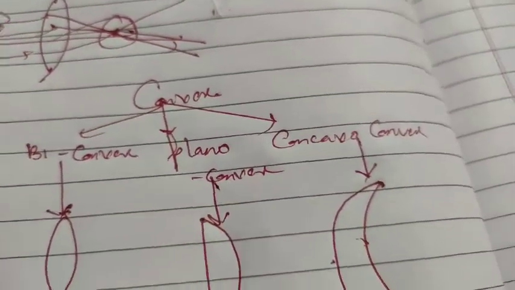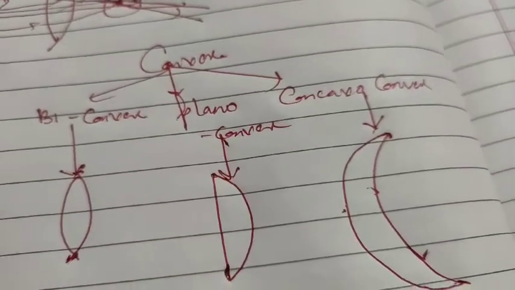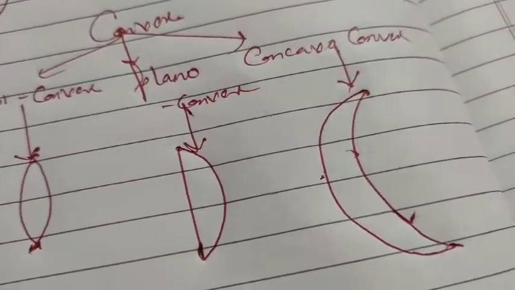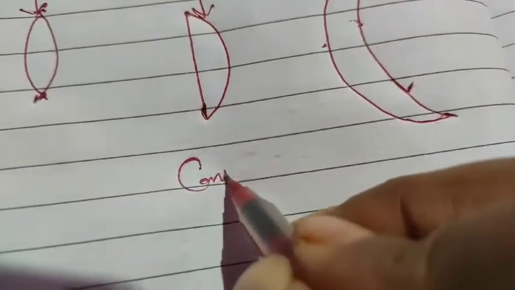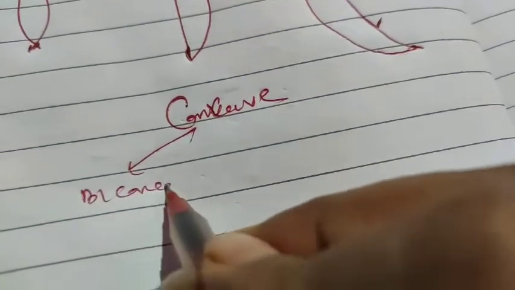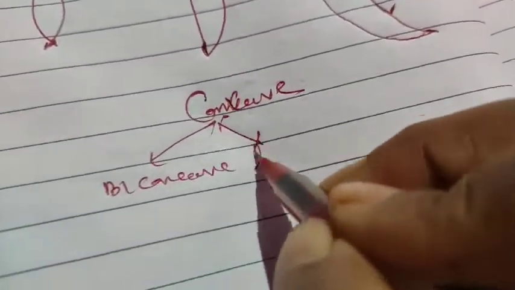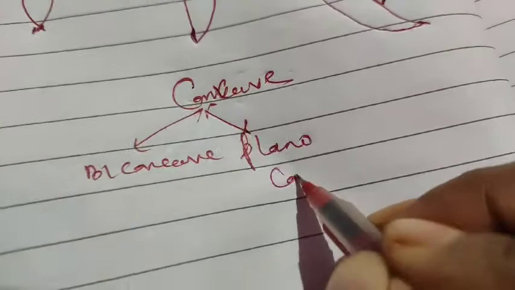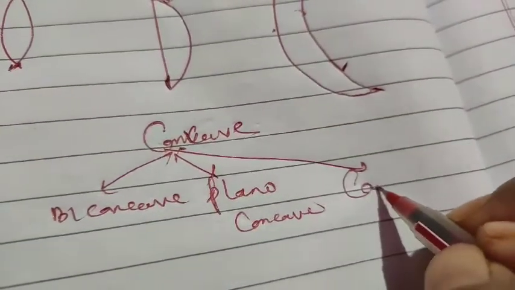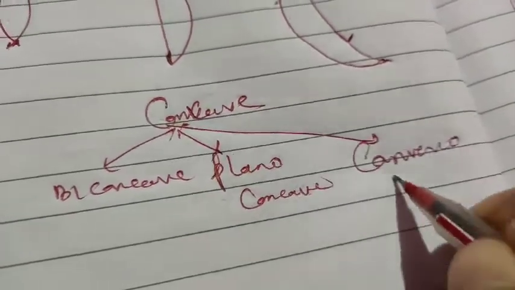Similarly, you can go for the concave lens, student. If you see the concave lens, the structure is something similar, but one common surface is concave and the other will be different. Now you see the names. If I take the concave lens, student, we will see biconcave, plano-concave, then convexo-concave.